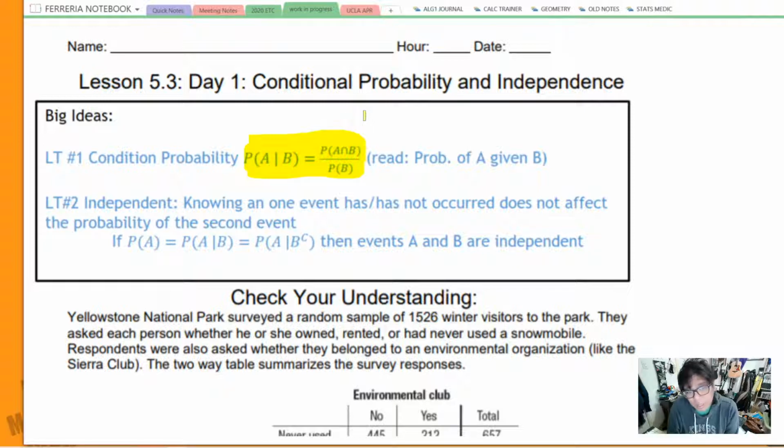But the formula is true if we remember that the inside cells of a two-way table is A and B, and then any of the row totals or the column totals is just a single event, A or B. So it does make sense in that respect.